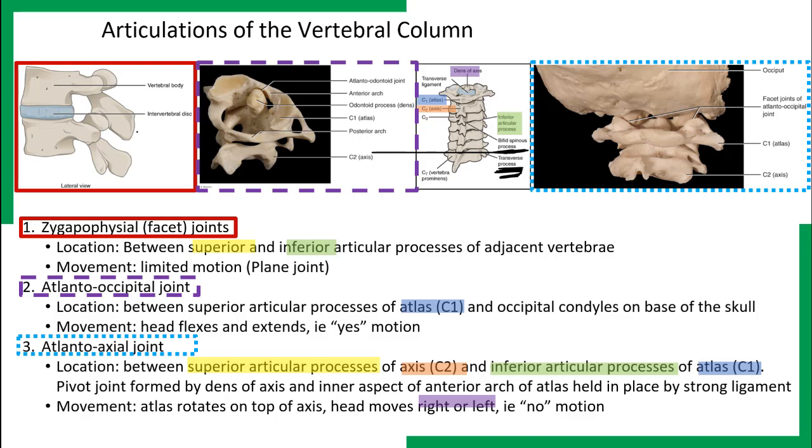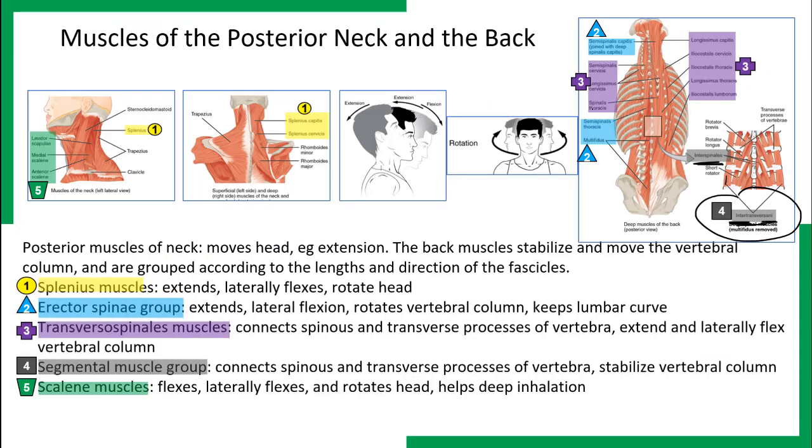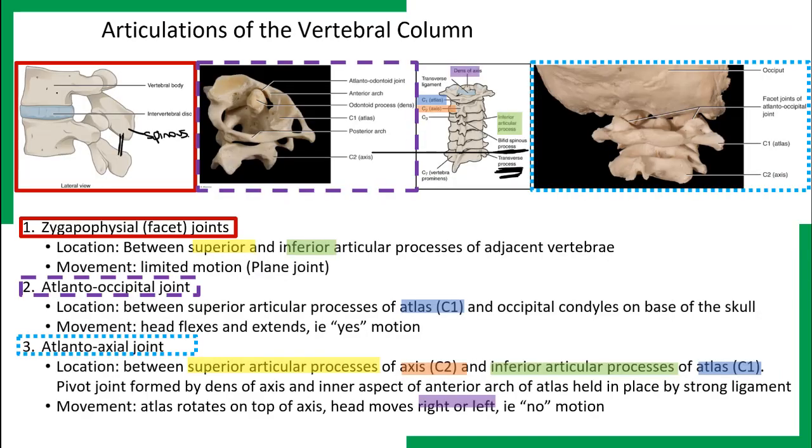So you can see, this would be the spinous process. And so you would have the interspinalis muscles basically connecting one spinous process to the next. So another one would be there, and then another one would be there.